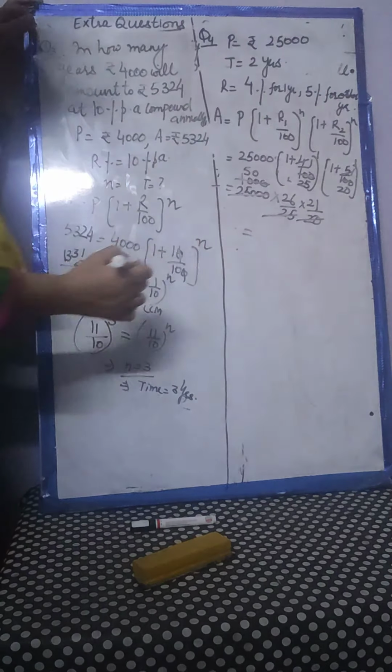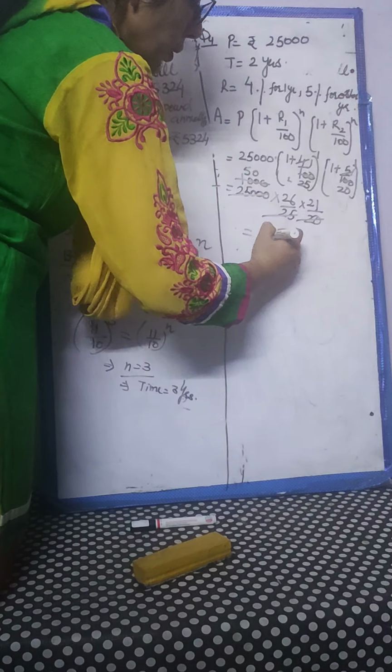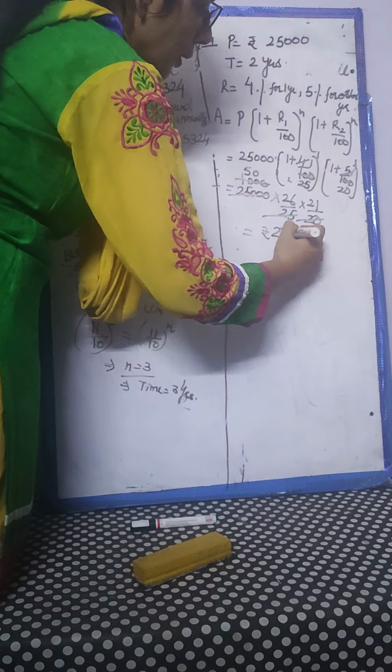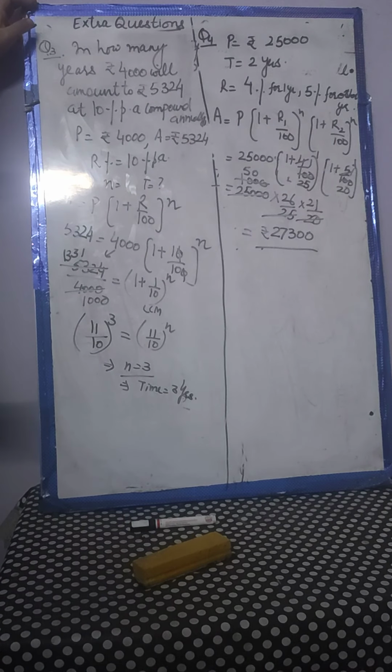So when we multiply all these things, what answer will we get? Answer will be 27300 rupees. 27300. I hope this is quite simple.